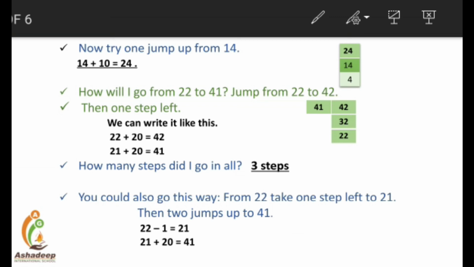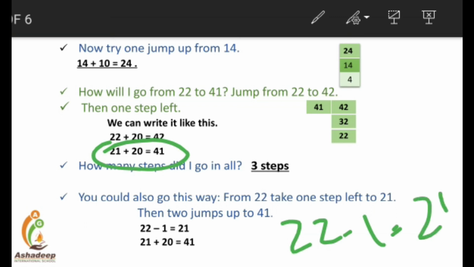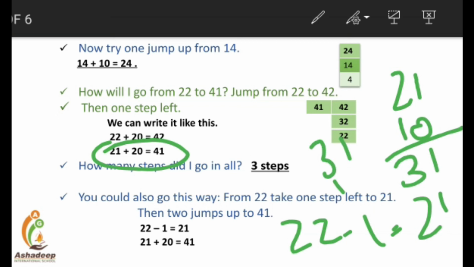We do 22 plus 20 to get 42, then one step left gives 41. The same answer in another way: third, from 22 take one step left, so 22 minus 1 is 21, and then 2 jumps to 41, so 21 plus 10 gives 31, 31 plus 10 gives 41.